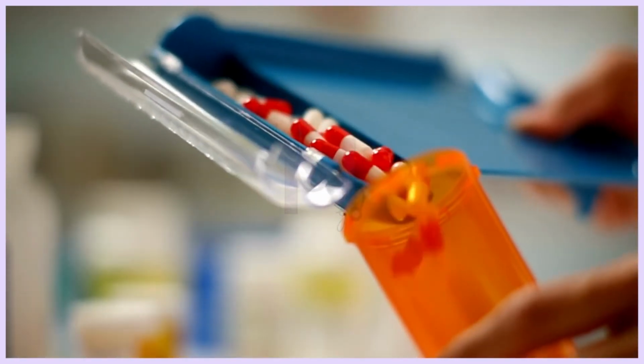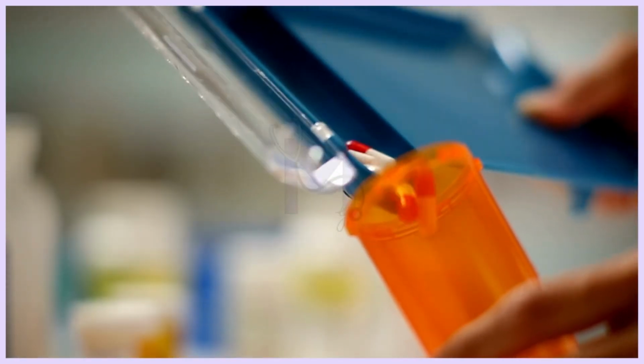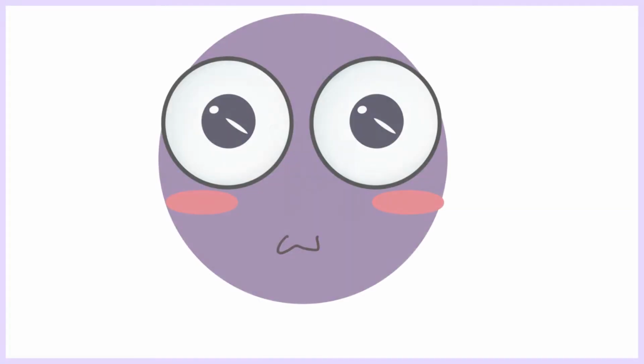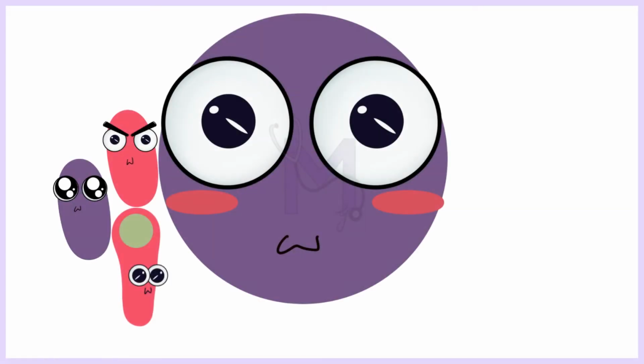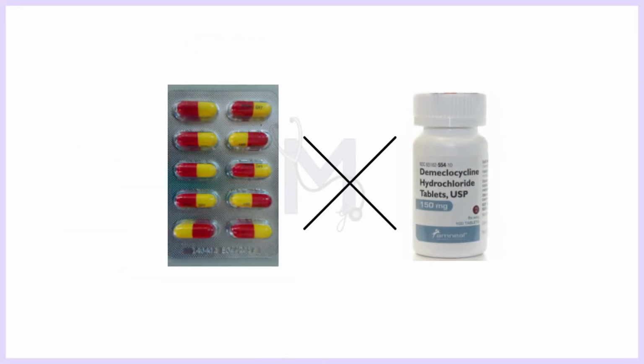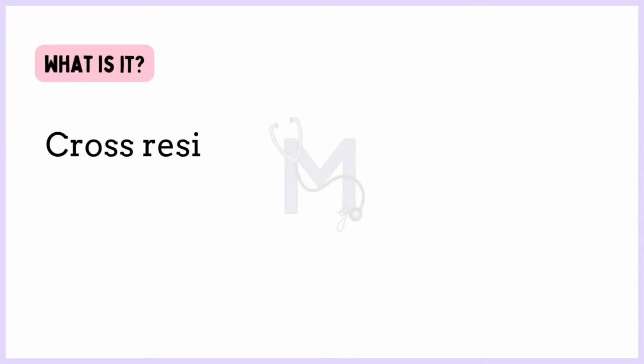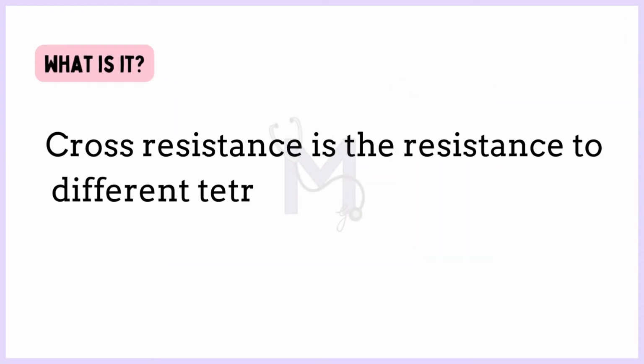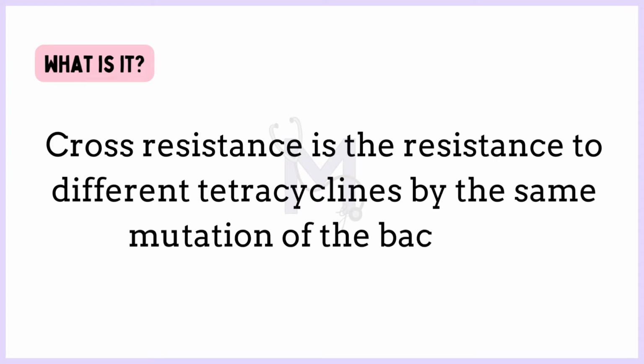Due to uncontrolled and widespread use of tetracyclines, resistance has become common in gram-positive cocci and many others, and complete cross-resistance has been observed. Cross-resistance is a resistance to different tetracyclines by the same mutation of the bacteria.